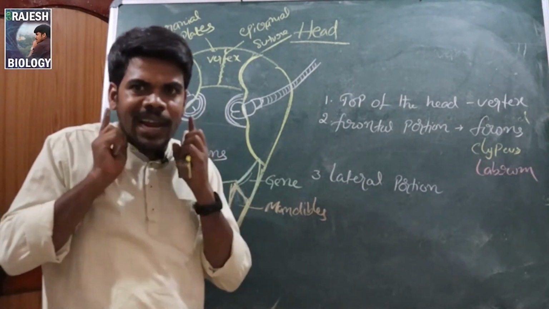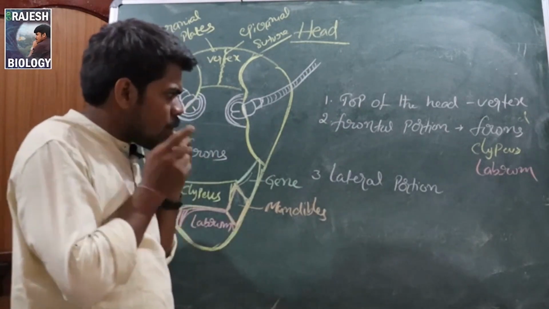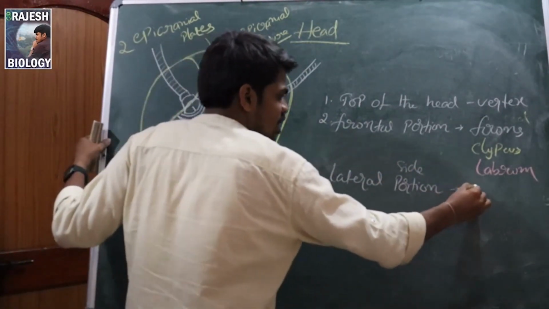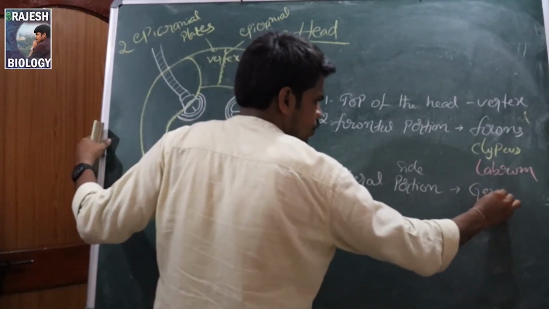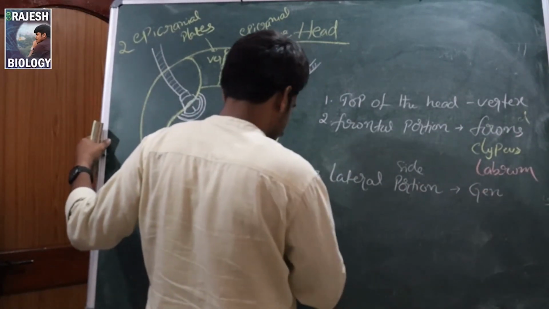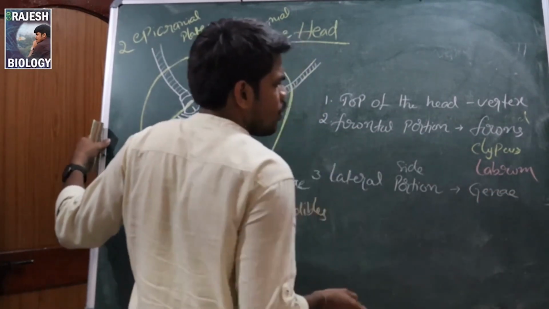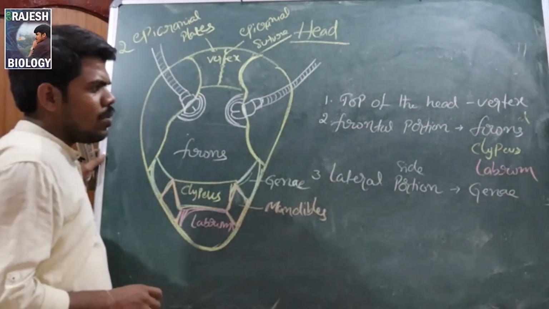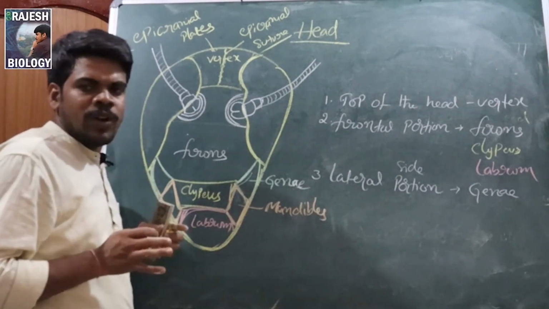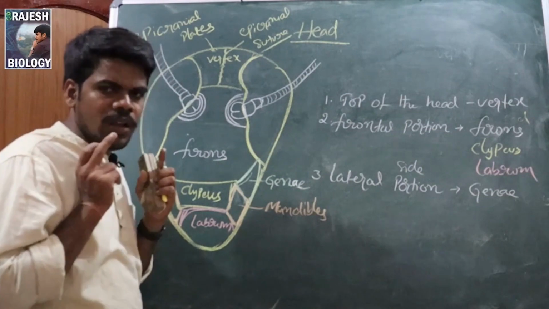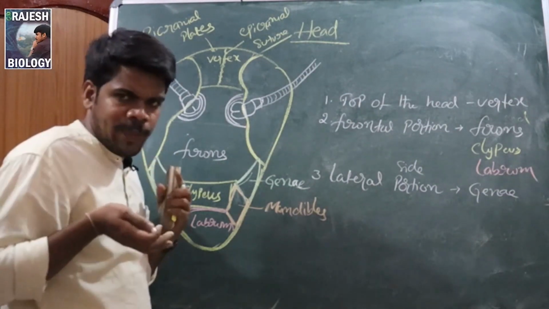And the sides are lateral sides. The lateral portion or lateral sides of the head is gena. So these are the very important sclerites which form the frontal portion and the lateral sides on the top of the head capsule.